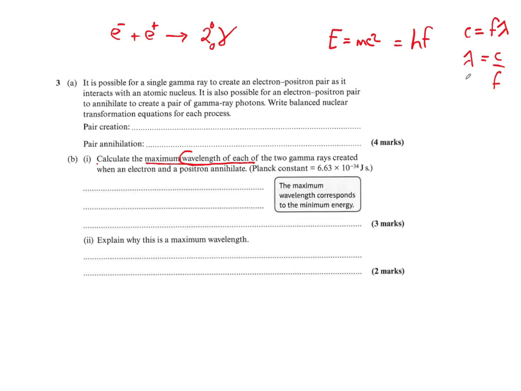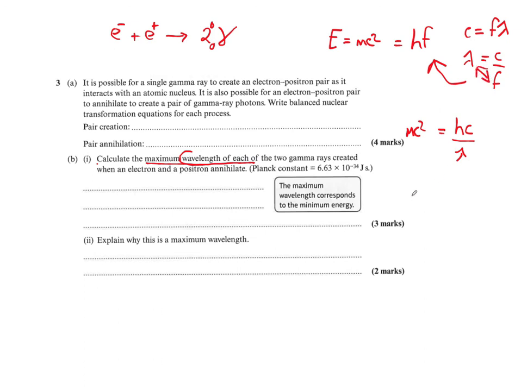We put this into this equation here, so now we get mc squared equals hc over lambda. This of course should have been the other way around; I should swap these 2 around at this point. So we get hc over lambda.